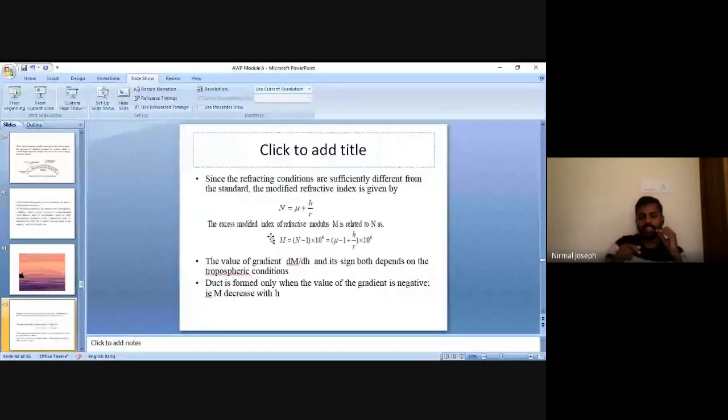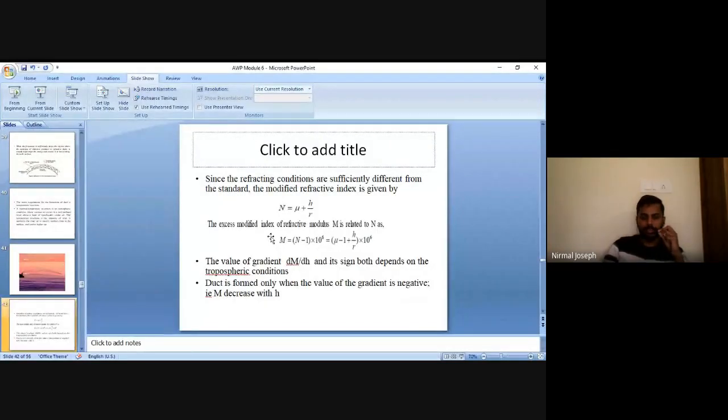The normal refractive index is updated to mu + h/r, and that is n. (n - 1) x 10^6 we take as the modified refractive index modulus. Further discussion is beyond the scope of our syllabus.